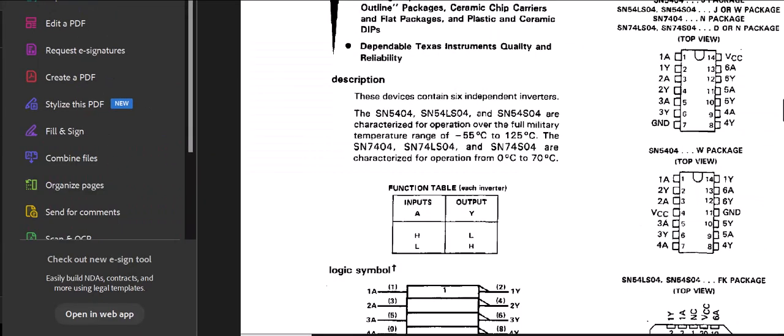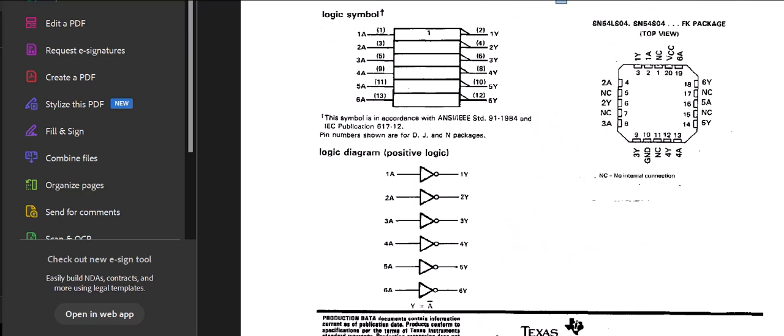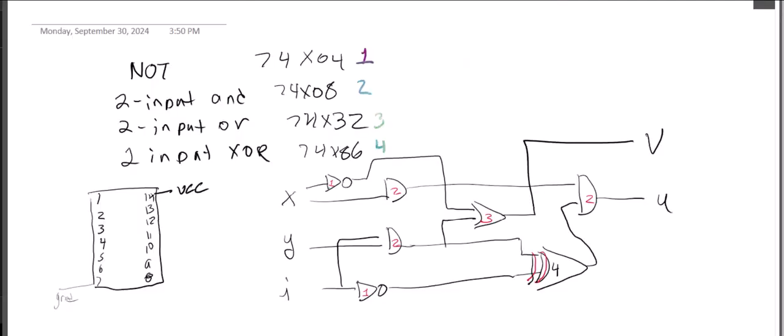I see that I have pin 1 is 1A, pin 2 is 1Y, pin 3 is 2A, pin 4 is 2Y, and then I can look elsewhere on this data sheet and see that A's are the inputs and Y's are the outputs. So that means that for this NOT gate, I would have 1A, 1Y for that NOT gate, and 2A and 2Y for that NOT gate.